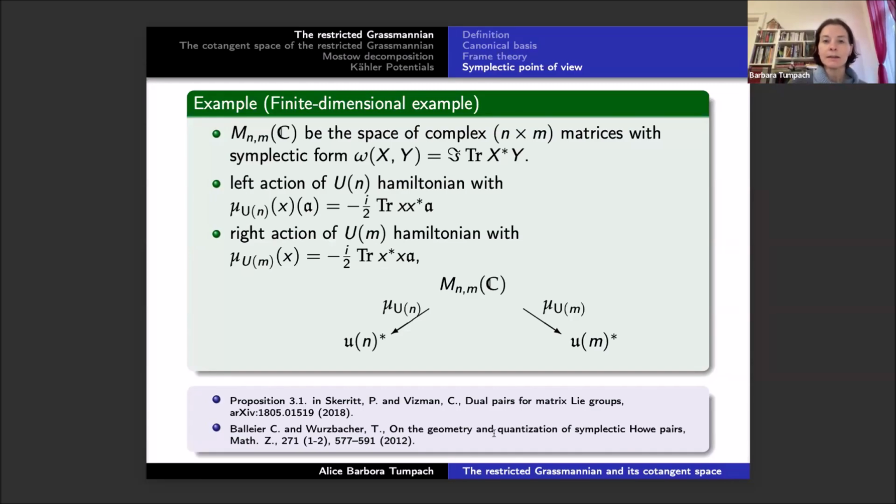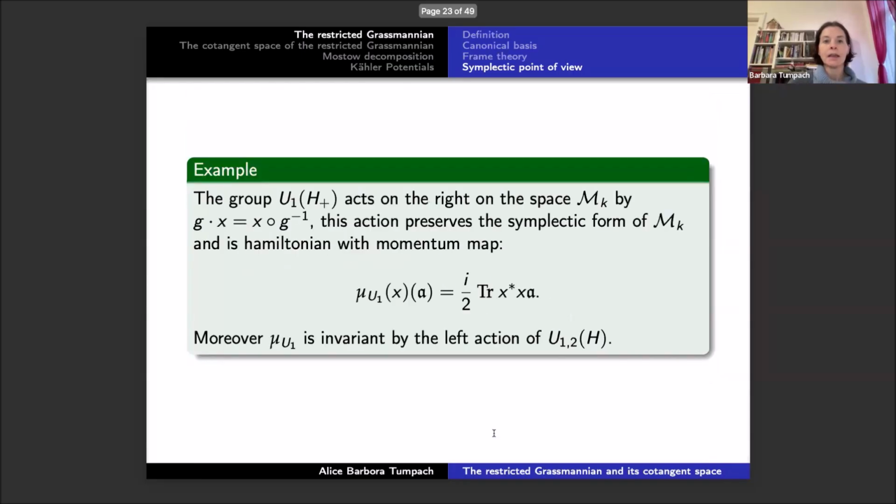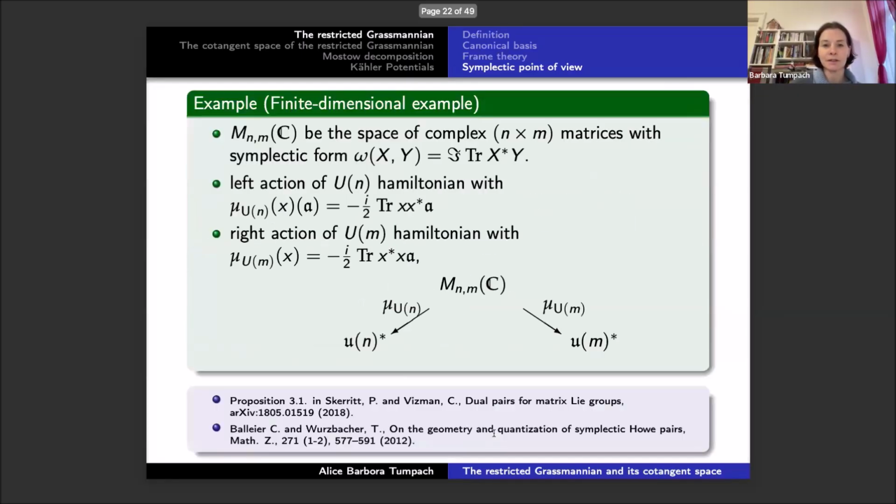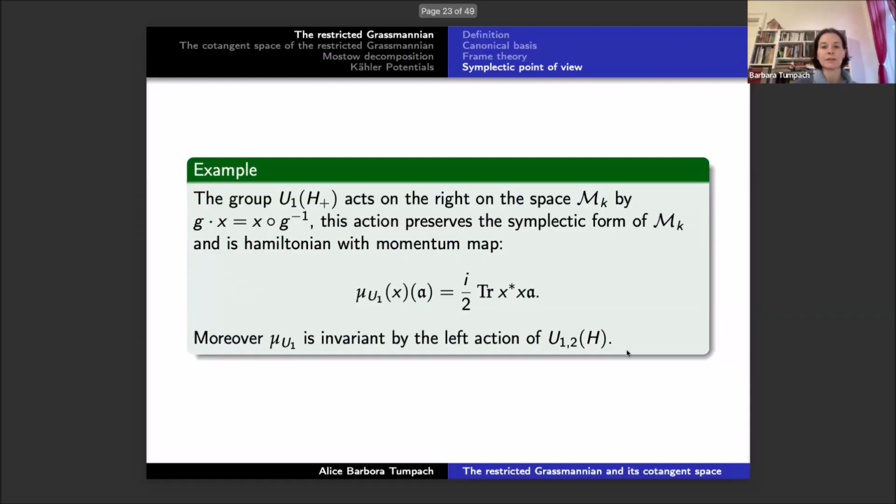So in my setting, we are in infinite dimension, but basically we would like to mimic this example. And in this talk, I will just concentrate on one leg of this diagram here, and concentrate on the right action of a small group U1 of H plus.